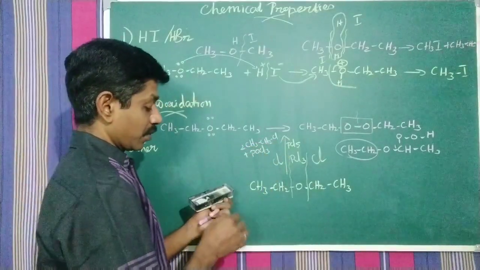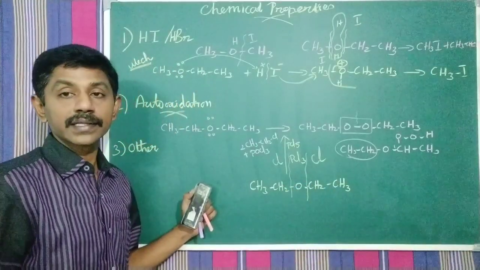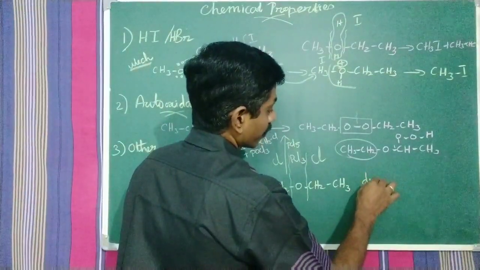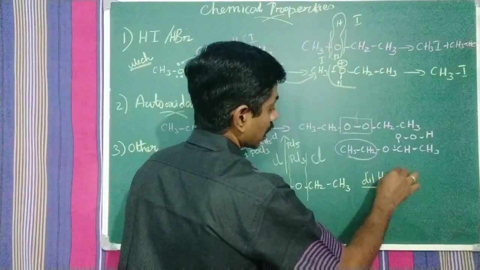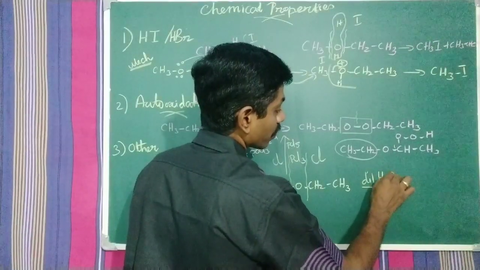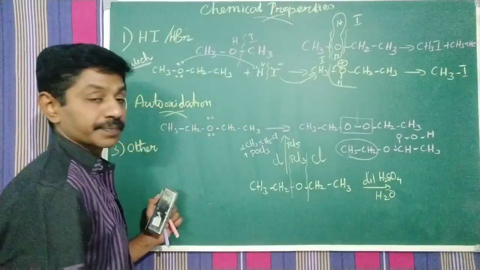In case I am going to treat this molecule with dilute sulfuric acid, dilute sulfuric acid will supply more water. So that is a hydrolysis reaction, that is dilute H2SO4, that means it is supplying more amount of water.